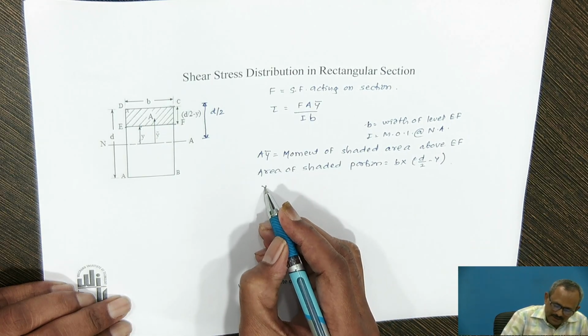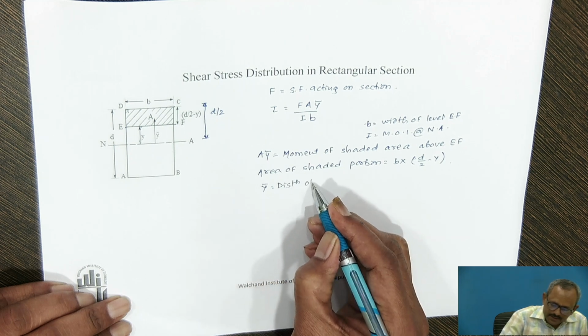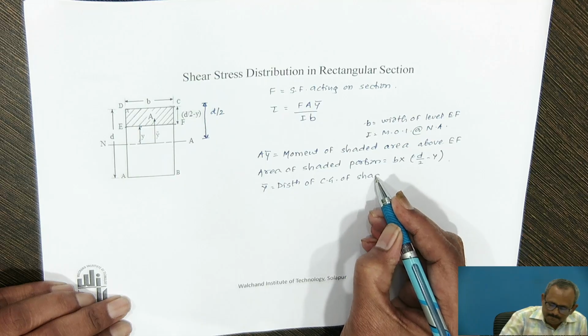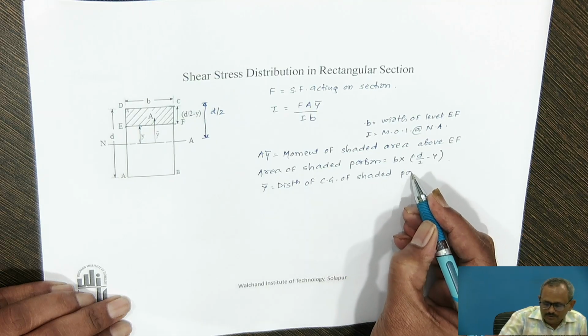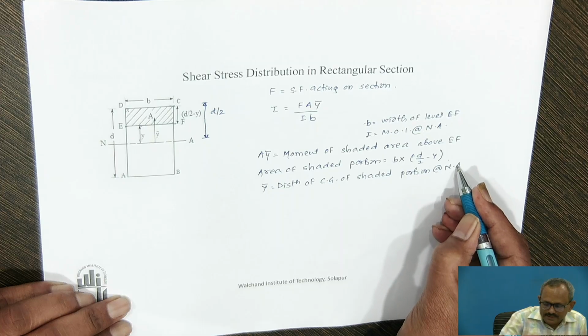Now, y bar is the distance of the CG of the shaded portion about the neutral axis.